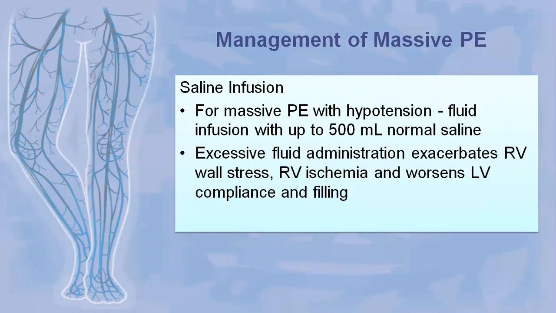For massive PE, we can give saline infusion. For massive pulmonary embolism with hypotension, we can initially give fluid infusion with up to 500 ml normal saline. But be careful, since excessive fluid administration may exacerbate RV wall stress, RV ischemia, and worsen left ventricular compliance and filling.